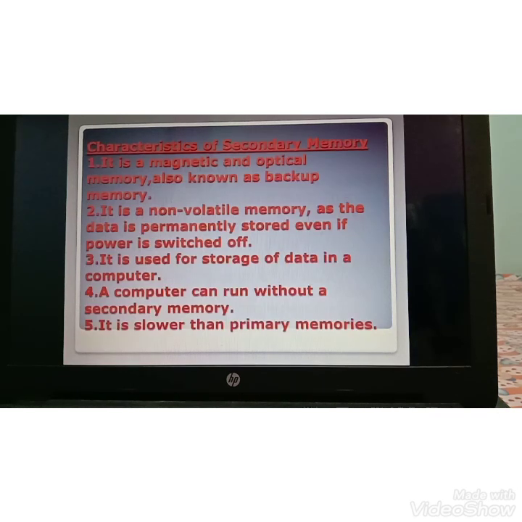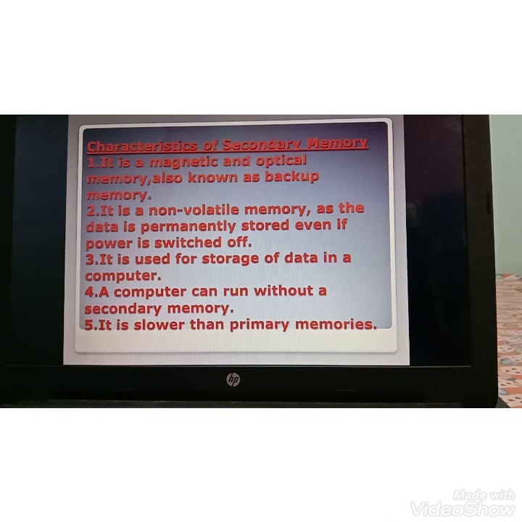Next, come to the characteristics of secondary memory, that means its features. Number one, it is a magnetic and optical memory, also known as backup memory. Number two, it is a non-volatile memory, as the data is permanently stored even if power is switched off. That means if power goes, the data remain there and will not be deleted.